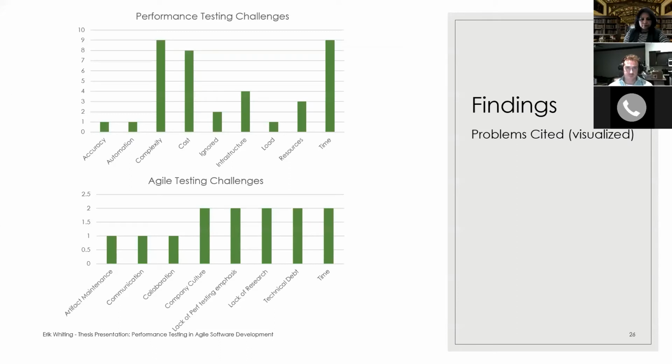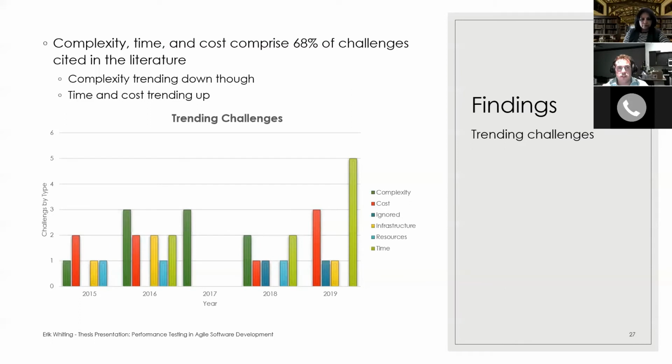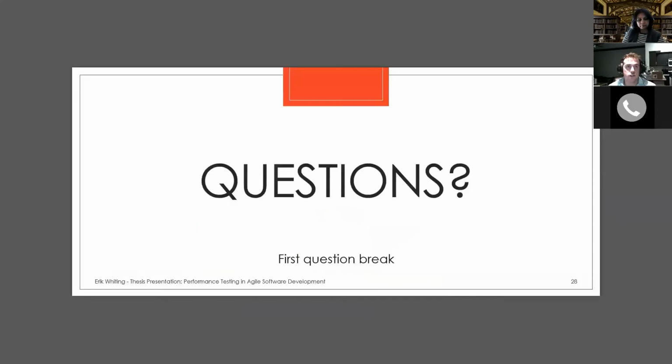And here's a quick visualization, but the important thing to note is that complexity, time, and cost comprise 68% of the problems mentioned in the literature about performance testing in Agile, and so that's probably the biggest problem that needs to be addressed. It seems like complexity is actually trending down, and that's another thing I'm going to talk about later. Complexity is starting to be mentioned a little bit less in the literature, but time and cost are being mentioned a little bit more often.